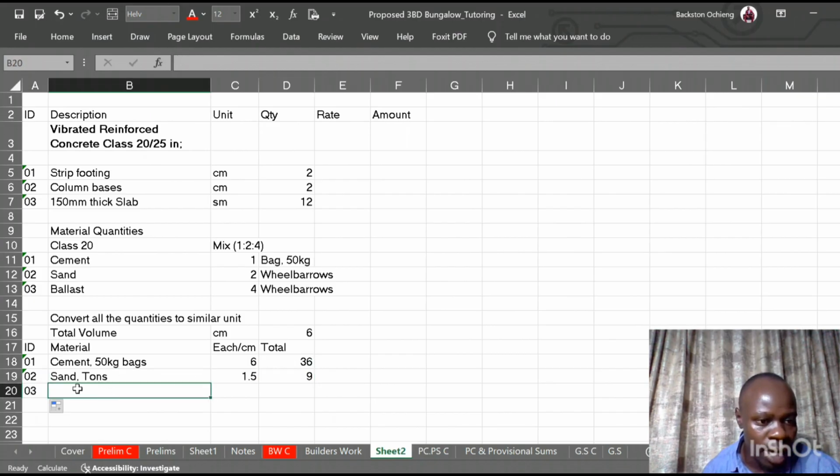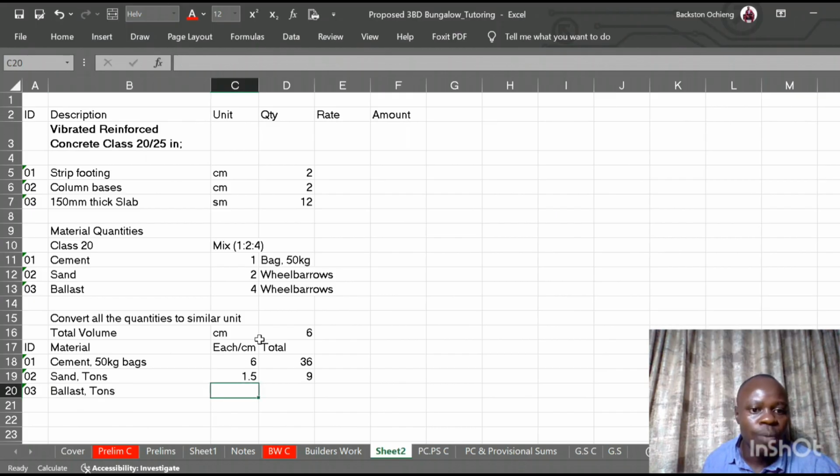Then finally we talk about the ballast. Okay, ballast as well, we talk about tons. The same way we dealt with sand, for the ballast, every bag of cement will take 4 wheelbarrows of ballast.